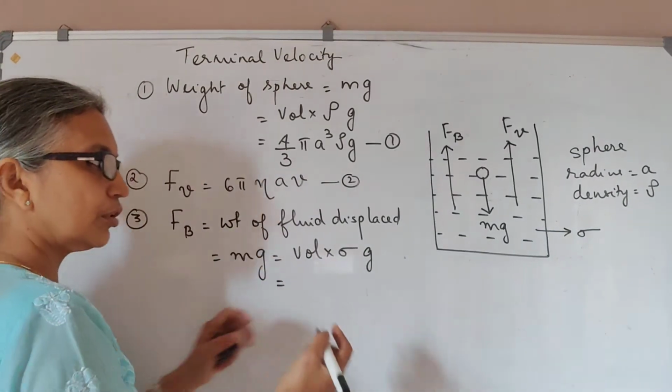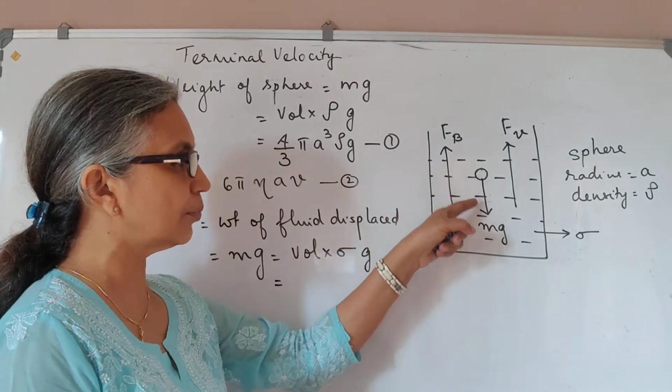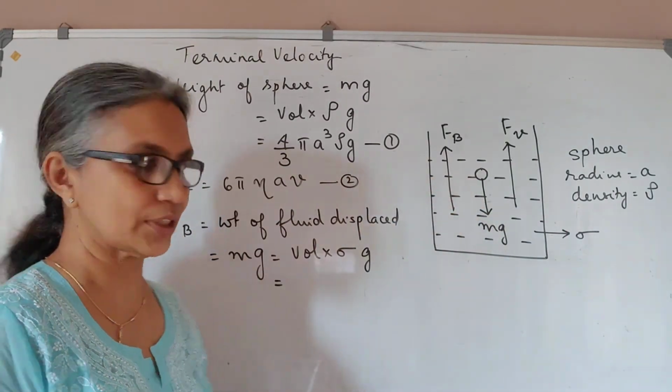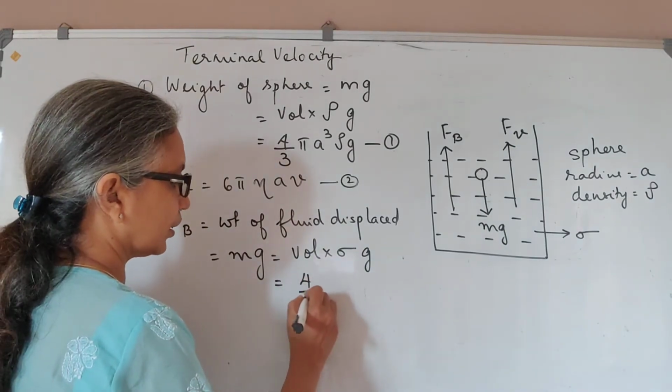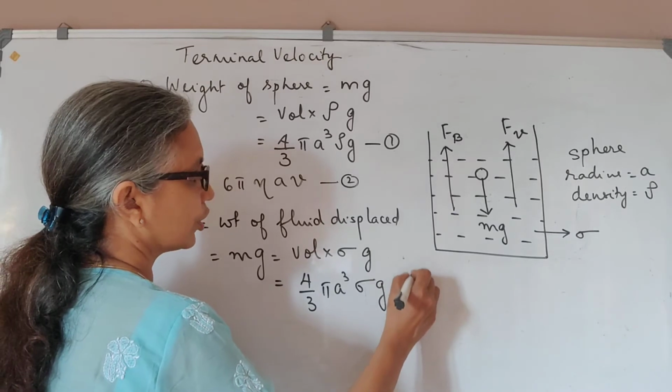Volume displaced will be the same as the volume of the sphere. When a sphere is immersed in this fluid, the volume of fluid displaced will be the same as the volume of that sphere. So this will be 4 by 3 pi a cube sigma into g, equation 3.